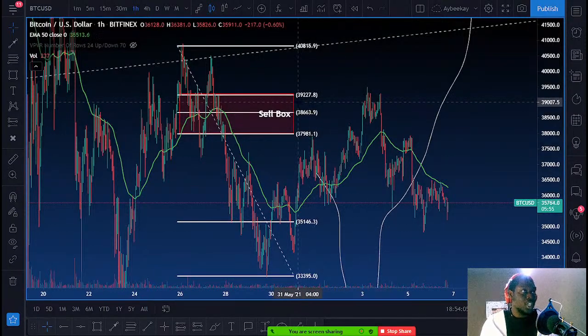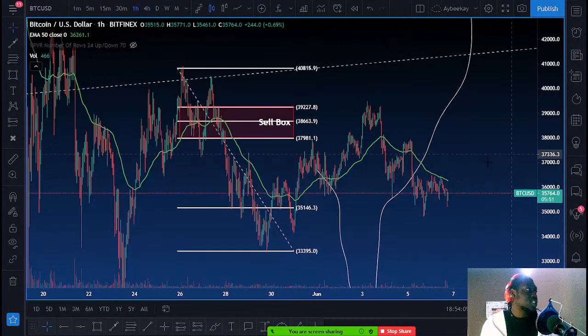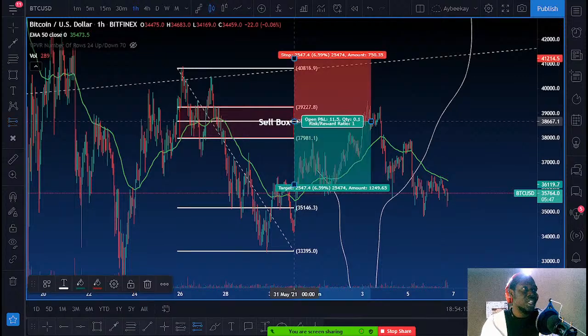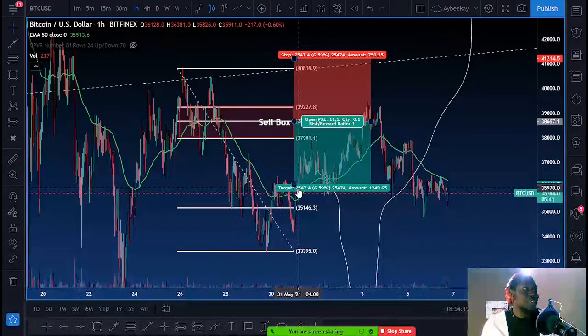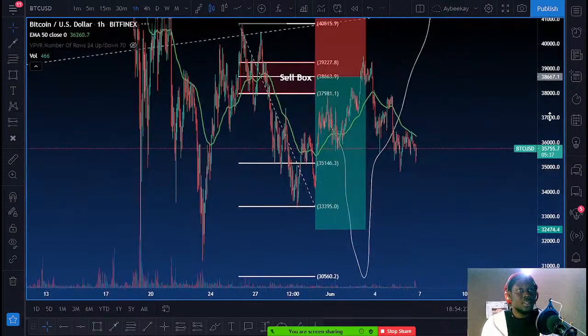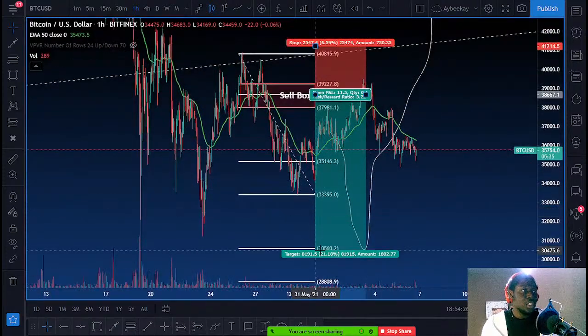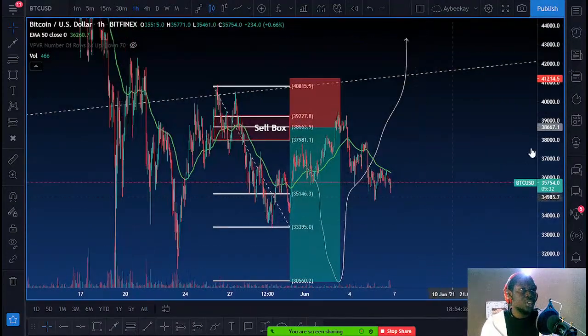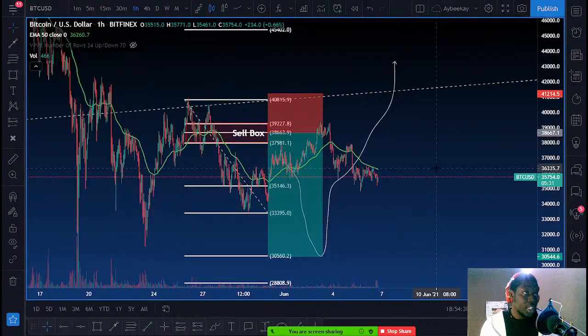If you would have taken a sell from here, you would have put your stop loss at break even. Let's just say if you would have taken the sell from here, your stop loss slightly above that high, and your take profit is back at these lows where I'm looking for price to go down to for a potential push to the upside.